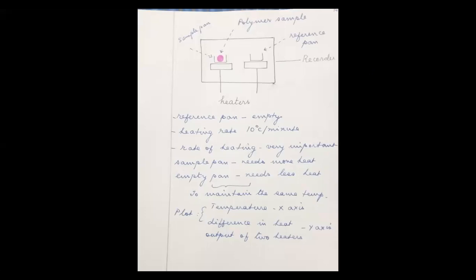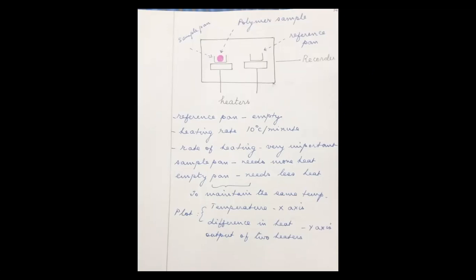On the x-axis, the temperature is taken. On the y-axis, the difference in heat. Actually, the difference in heat is not merely the temperature, it is the output of the two heaters. Because it is calorimetry, this is not a thermogram, it is calorimetry. What is the quantity of the heat energy supplied by the heaters to raise the temperature?